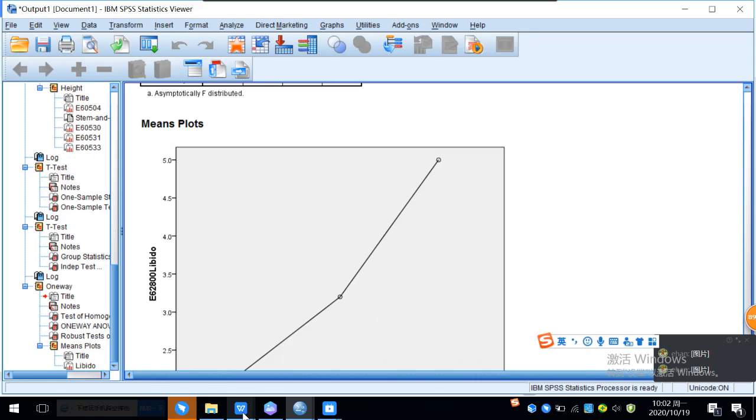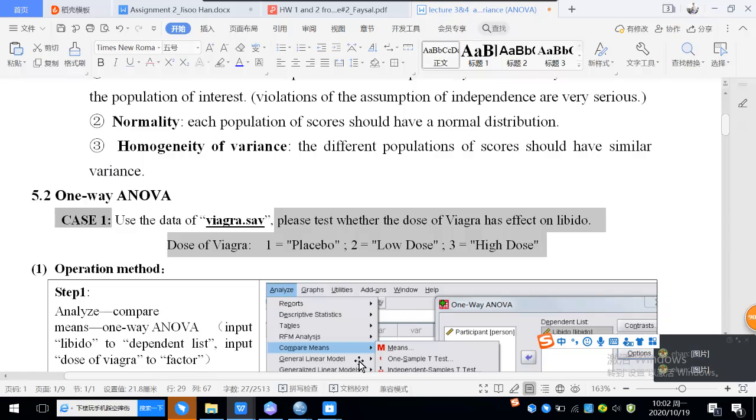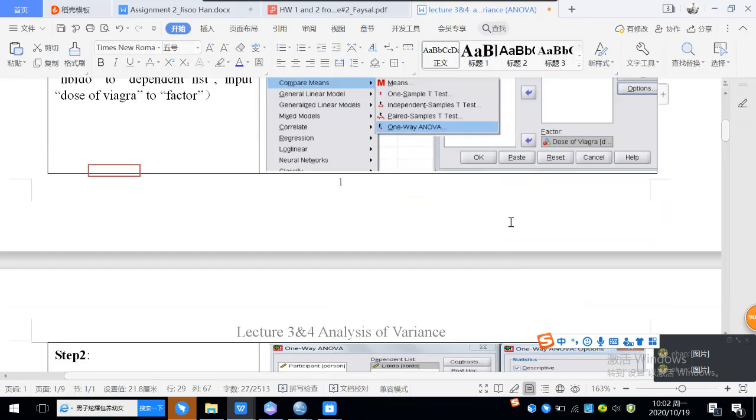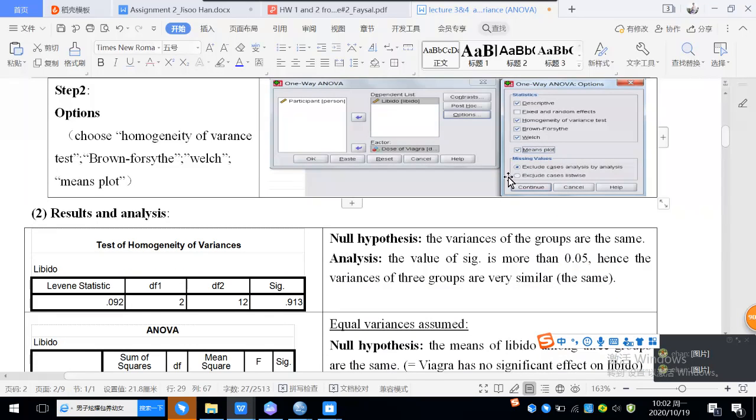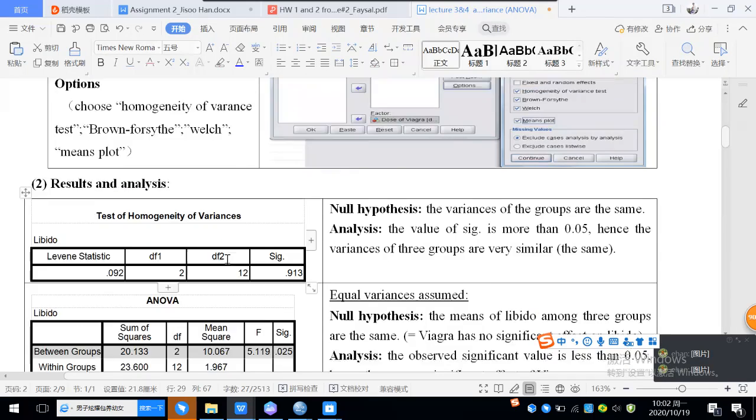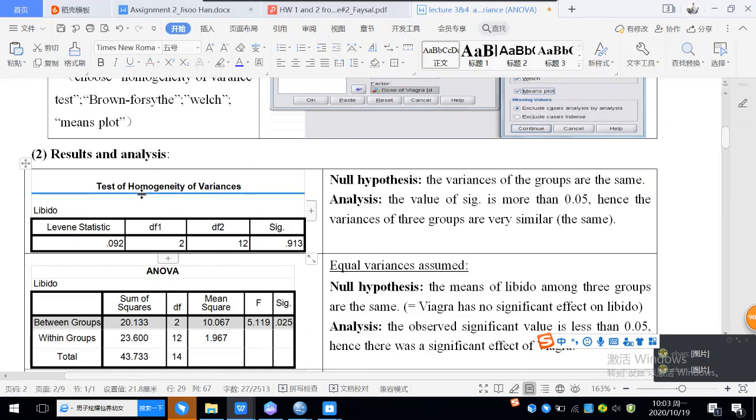So the analysis here can also help you to understand. Here is the test of homogeneity of variance. And the null hypothesis is the variance of groups are the same.